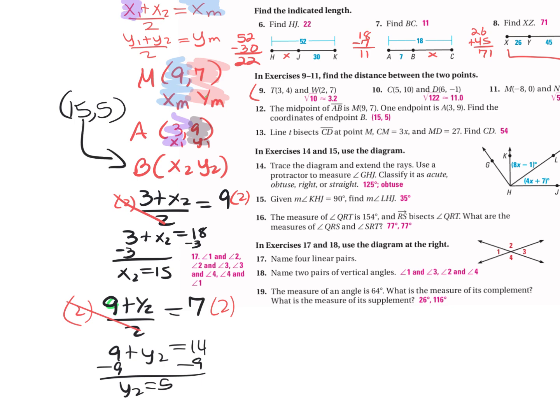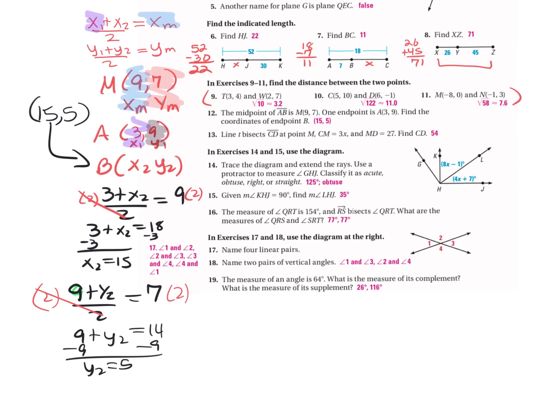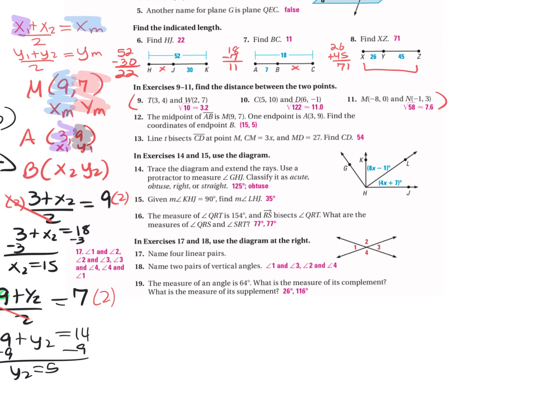Now for number 13, it tells me that line T bisects CD. Let me go over here, and I'll do 13 on the side.